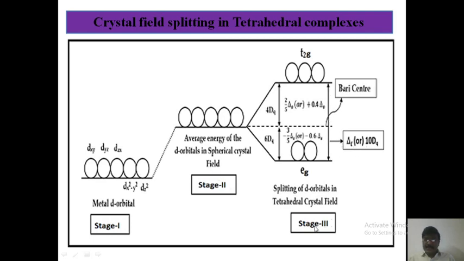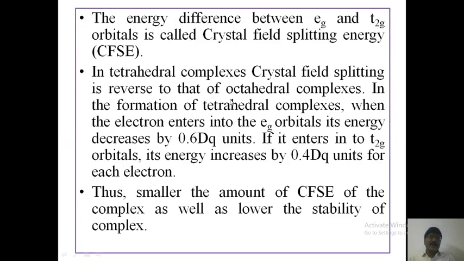This is the stage 3 splitting of d orbitals in tetrahedral crystal field. This is about the crystal field splitting in tetrahedral complexes. From the diagram, the energy difference between Eg and T2g orbitals is called crystal field splitting energy. In tetrahedral complexes, crystal field splitting is reversed to that of octahedral complexes.